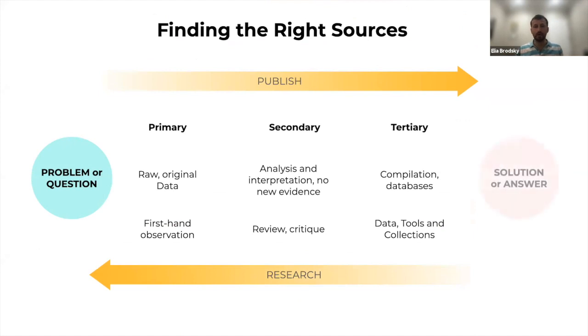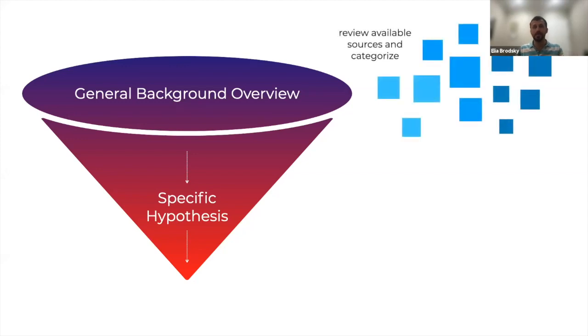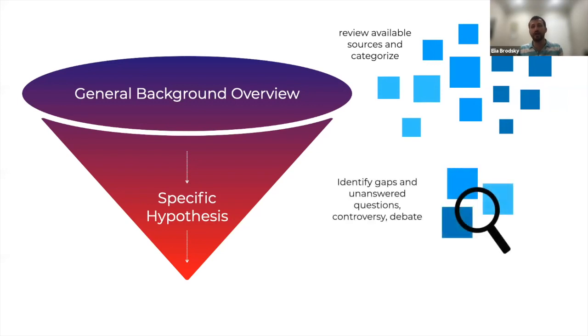And the important part is that you will be able to define, from a very general problem statement, like I want to apply my bioinformatics skills to infectious diseases, a very specific hypothesis or question based on your literature review, identifying gaps and unanswered questions, and then defining your own question and hypothesis.